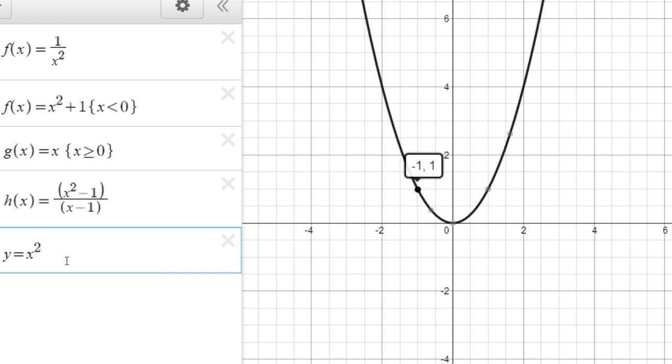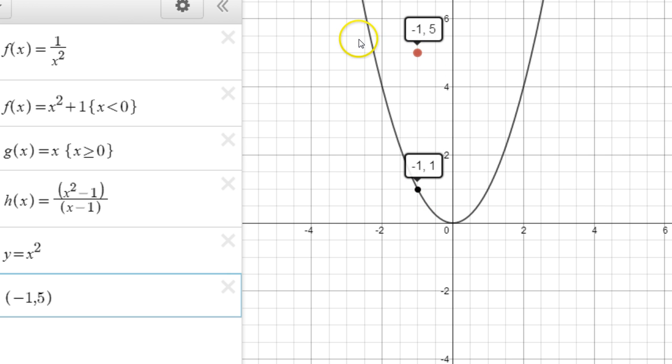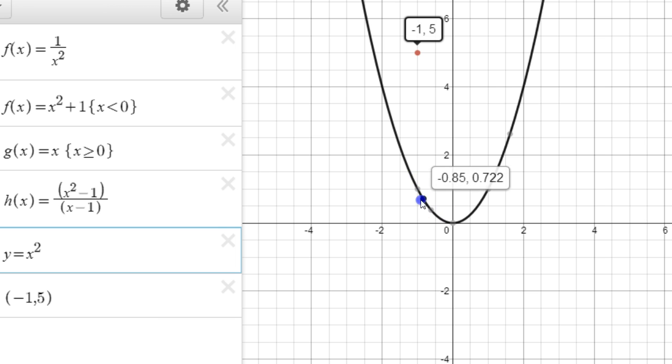If I had graphed the point -1, 5, and let's say for some reason this was discontinuous at that point. This one would fulfill the first statement: it is defined at the point, and it is 5. It does approach from both sides, but then all of a sudden I have a hole here. Let's pretend there was a hole here. Well, the value's up here. So therefore, this is not a continuous graph. That's what I'm getting at.